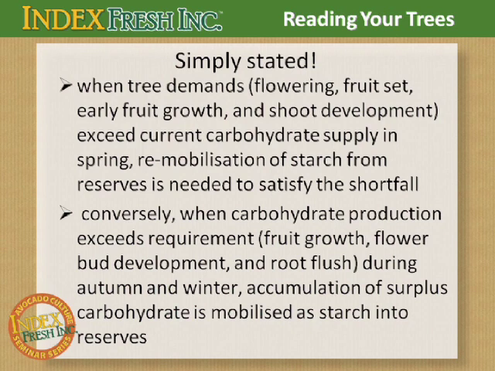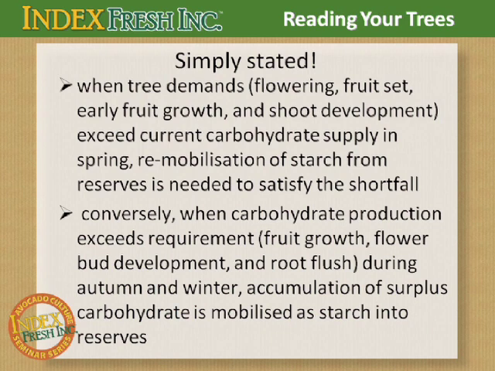That's in spring. But conversely, when carbohydrate production exceeds requirement, so now we're coming in autumn and winter, and we only have some fruit growth, a little bit of flower bud development, and a root flush during autumn and winter, then the reverse occurs. There is an accumulation of surplus carbohydrate which is mobilized as starch into the reserves.